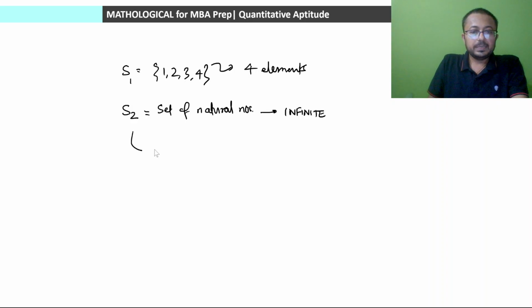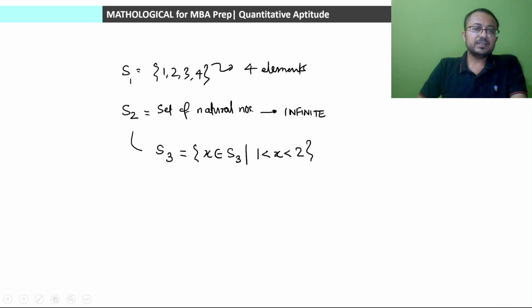Or let us say S3 is a set such that X is an element of S3 such that 1 < X < 2. In this case X is any number, and X is a real number as well.